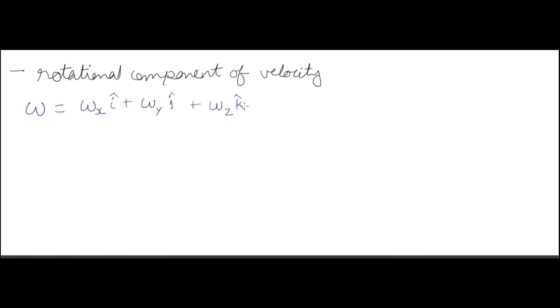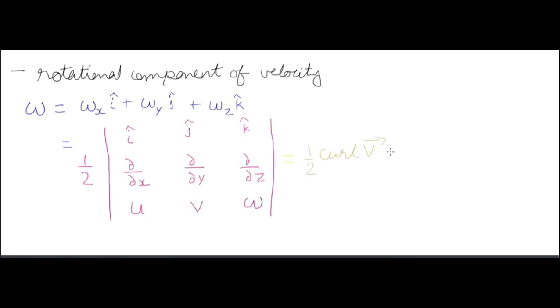Now the rotational component of velocity: omega is equal to omega x i plus omega y j plus omega z k. This can also be represented as a determinant: 1 by 2 into the determinant of i, j, k; dou of x, dou of y, dou of z; u, v, w.